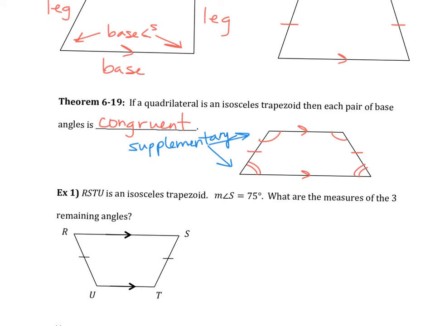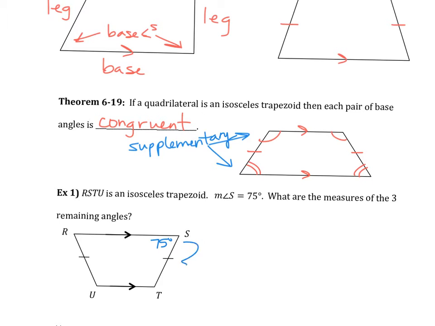All right, so let's look at the first example. It says RSTU is an isosceles trapezoid, and the measure of angle S is 75. Okay, so this is a 75-degree angle right here. What would the measures of the other three angles be then? Can you tell me one? Daniel. Angle T would be 80 and 95. No. Because it has to add up to what? 180.